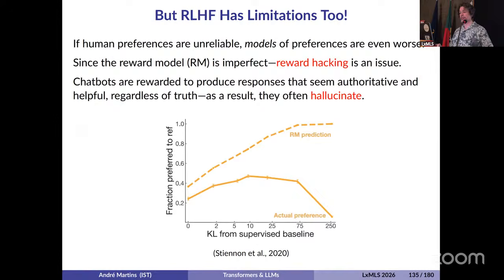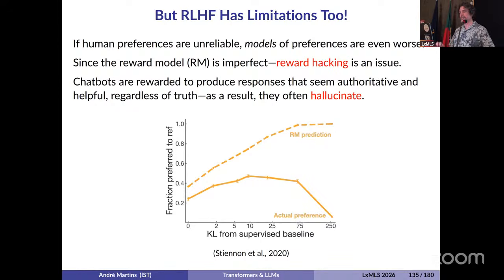Chatbots are rewarded to produce responses that seem authoritative and helpful, even if they are not true, because I think Leon made this point in his talk. Humans, it takes time for us to understand if the answer is correct or not. So when a human is generating human preference data, they might prefer an answer that is wrong, right?